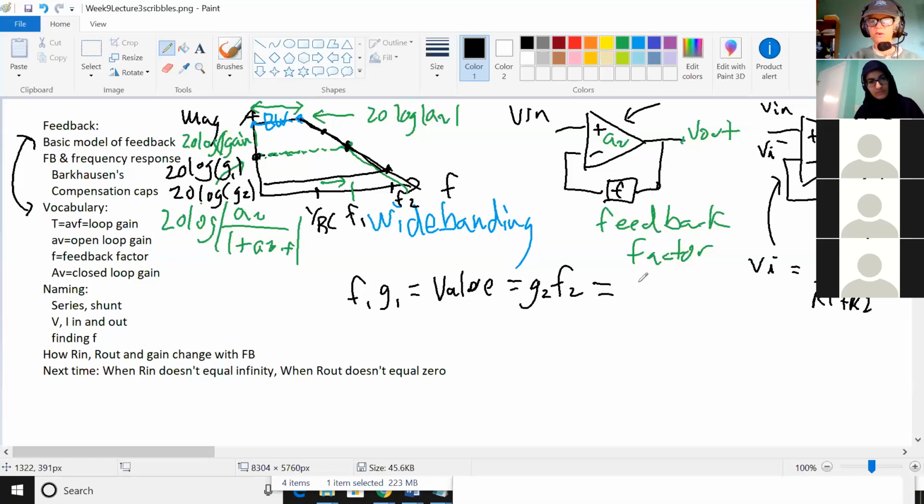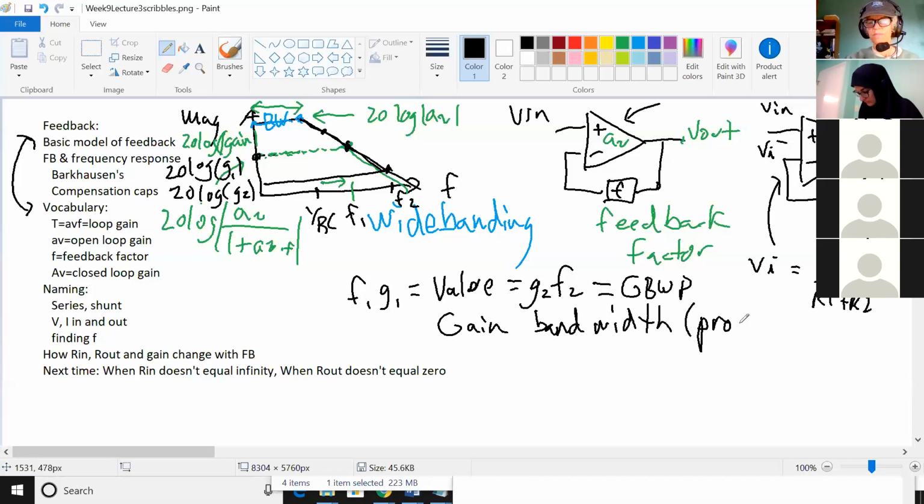And that value is called gain bandwidth product, or gain bandwidth. You'll see it written both ways, GBW or GBWP.